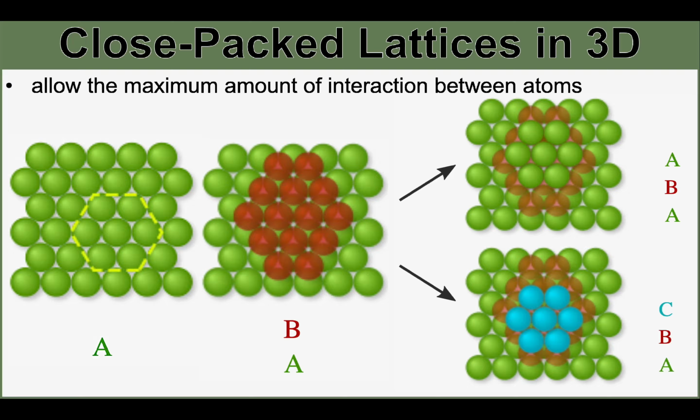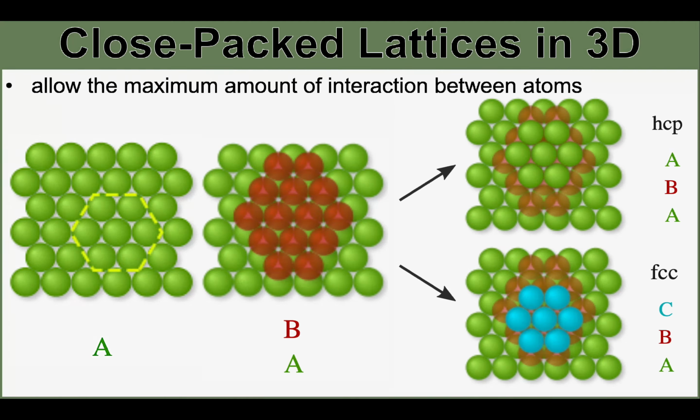This ABA pattern is called the hexagonal closest packing, or HCP, while this CBA or ABC pattern is called FCC, or the face-centered cubic, or in some references they call it CCP, cubic closest packing.